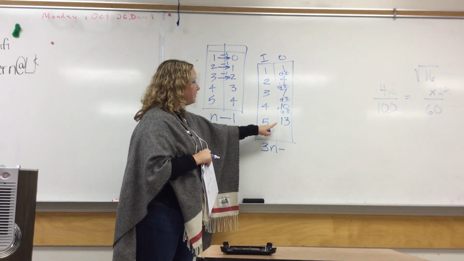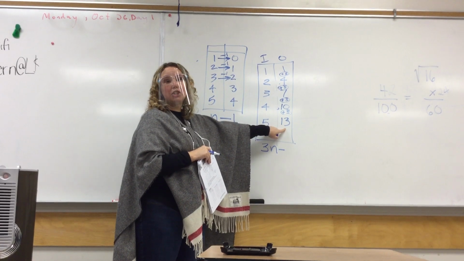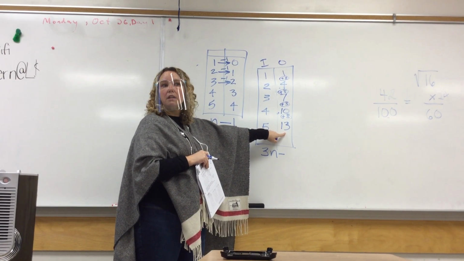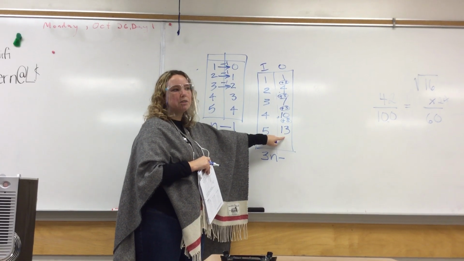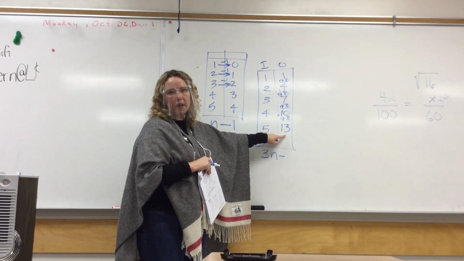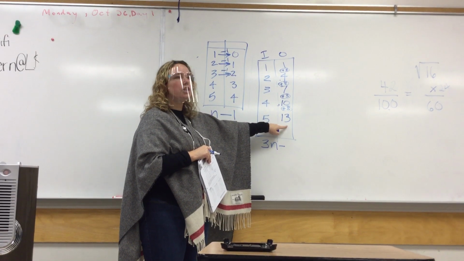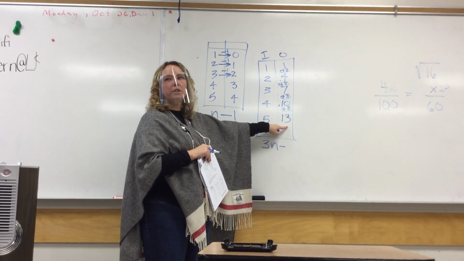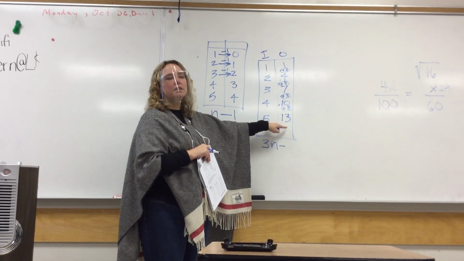Now, 5 times 3 is not 13. What is 5 times 3? 15. How am I going to get to 13? What do I have to do to it to make it 13? Subtract 2.